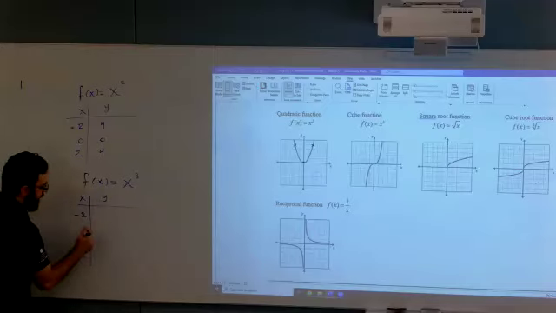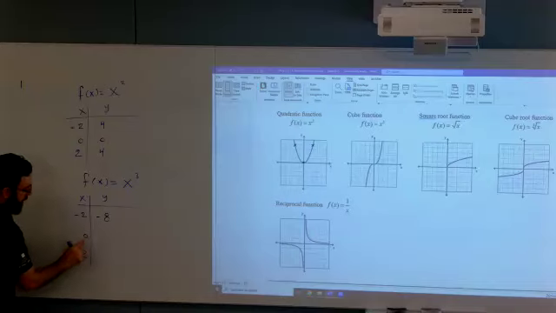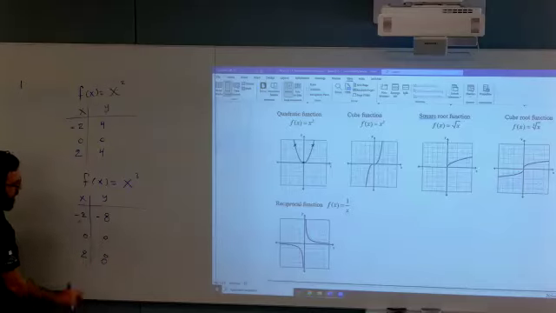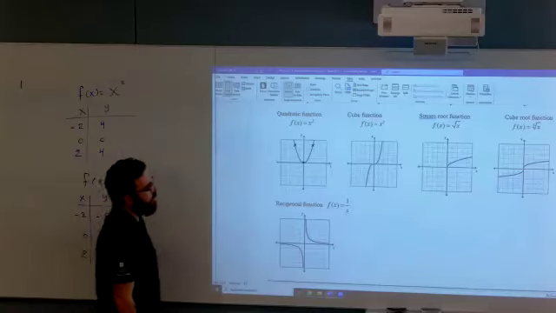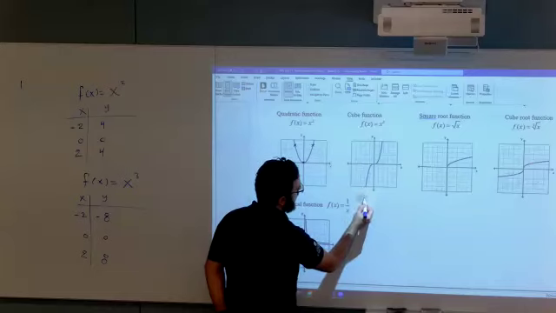Plug in -2 here. -2 times -2 times -2 is going to be -8. Plug in 0. Plug in 2. So -2 with -8, 1, 2, 3, 4, until 4 should be here.